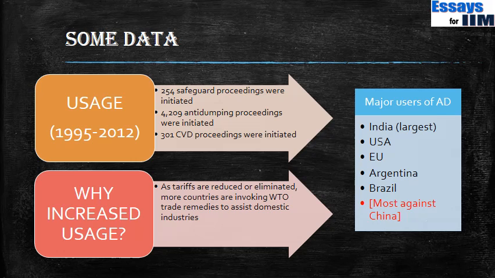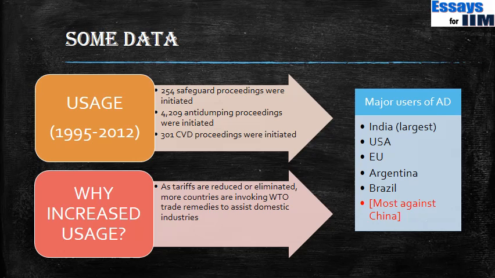As you can see, anti-dumping proceedings have been the most popular, and it's quite a significant number. So why is this number increasing so much, or why is this high usage? First of all, as more and more tariffs are reduced or eliminated, the trade is becoming freer. So any unfair thing that is done by another country impacts the other countries a lot more.